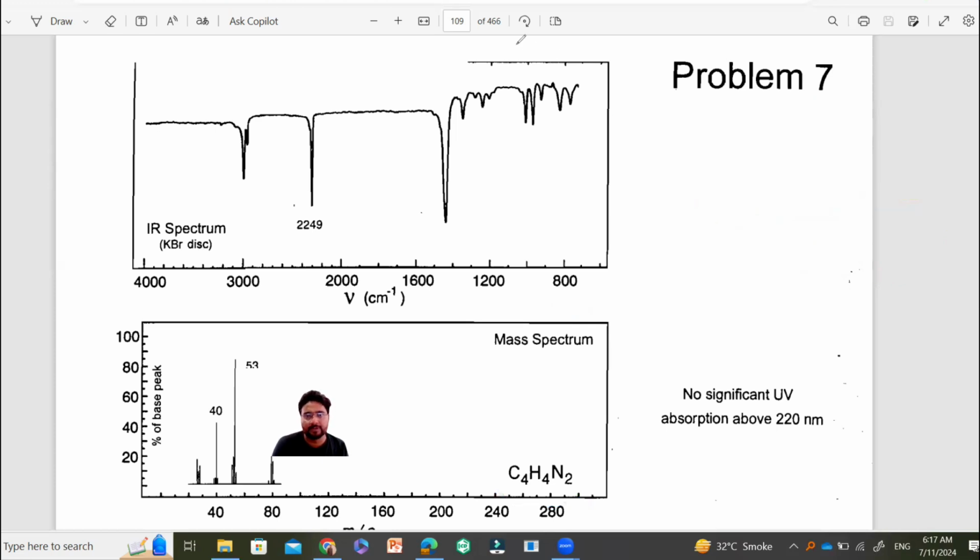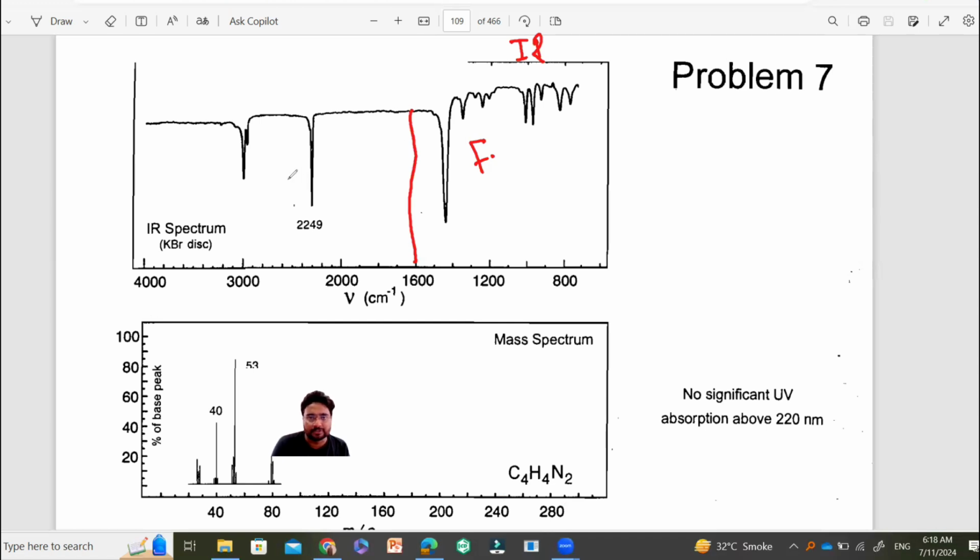Now let's move towards the IR spectrum. In the IR spectrum, the region below 1600 is called the fingerprint region. The fingerprint region is less important and does not provide much information about the structure of an unknown compound. The region from 1600 to 4000 is known as the diagnostic region or functional group region, and many important functional groups lie in this region.